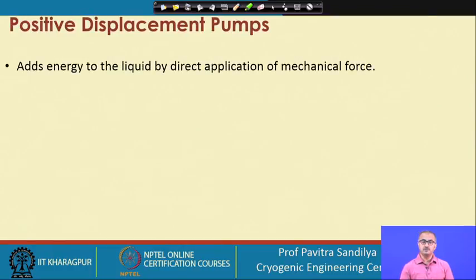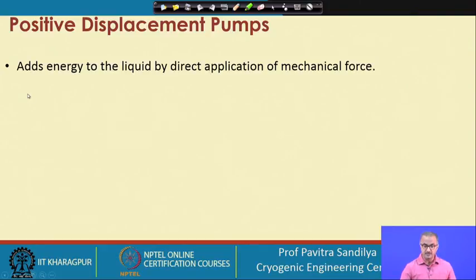So first we come to the positive displacement type of pumps. Positive displacement means we are displacing the particular liquid positively by giving some mechanical force. It adds energy to the liquid by direct application of mechanical force.